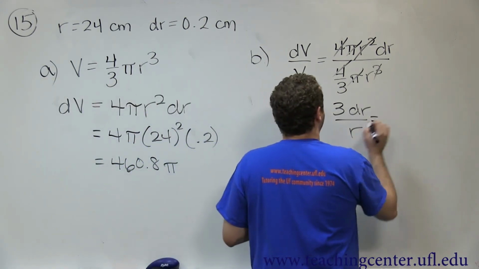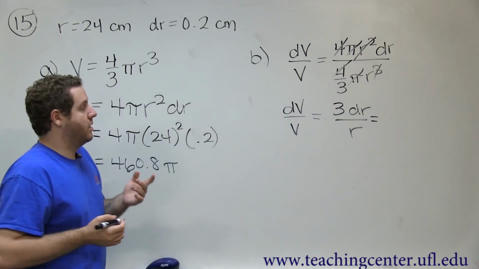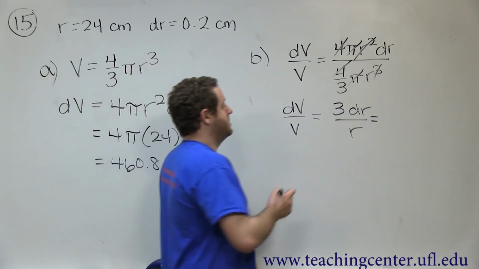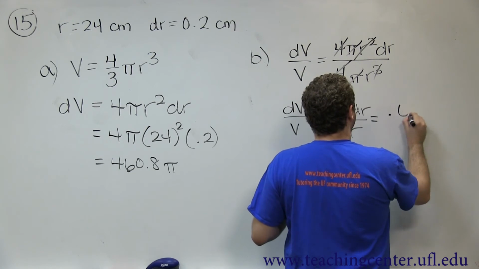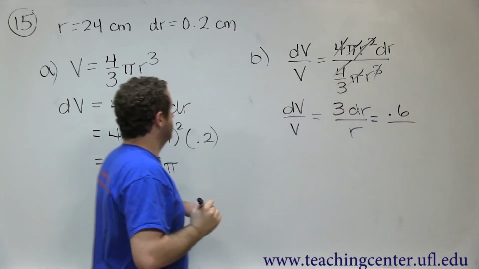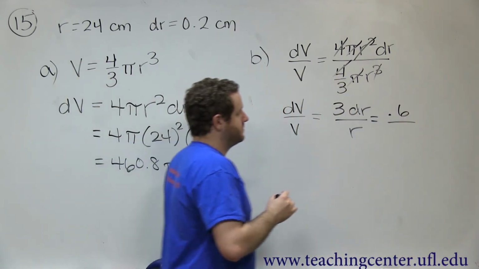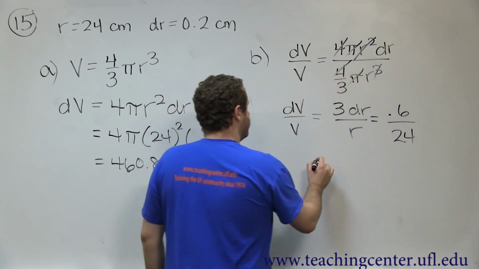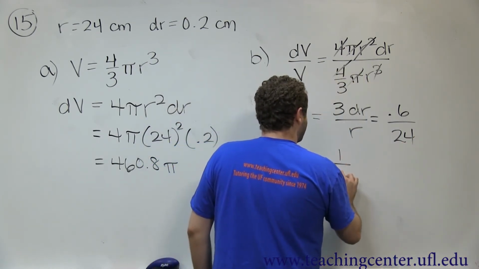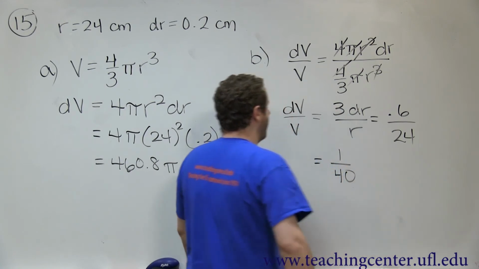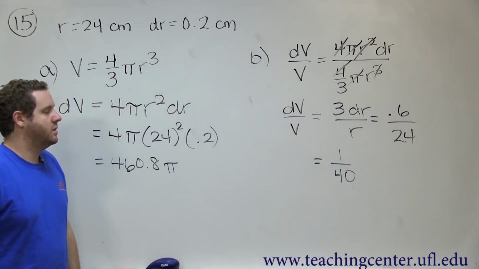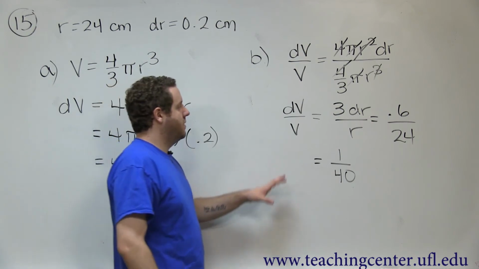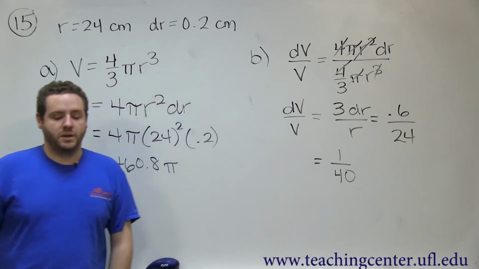Now this is just plugging in dr and r. dr is 0.2, so 3 times 0.2 is 0.6, and r was 24. 0.6 divided by 24 is 1/40. So that's the relative error, 1/40.